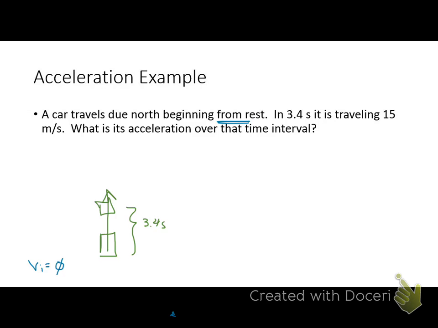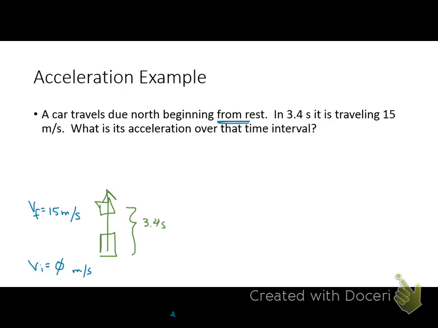So next to my upper car, I'm going to put v sub f is equal to 15 meters per second. I should put v sub i, my initial velocity, is 0 meters per second. Cool, and that's it. What is the acceleration over that time interval?